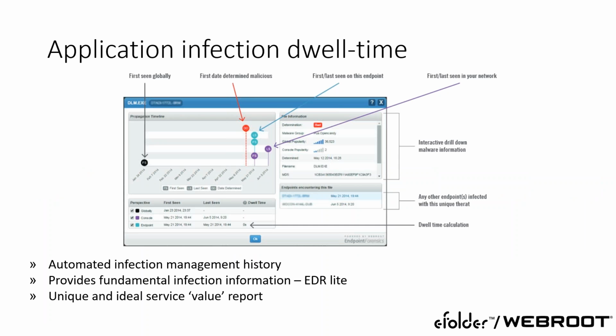Yeah, dwell time, thanks for moving that along. This is one, again, that is very unique to us. We'll tell you when we first saw an infection globally. We'll tell you when it was determined as being malicious, when it came into the environment, how long it's been in the network. You can mine down on the right-hand side into what that was, and how long it stayed there, because we have this dwell time period. And really it presents what I would call EDR light.